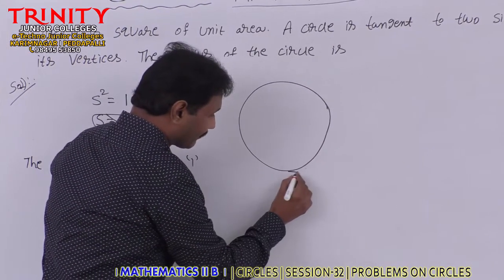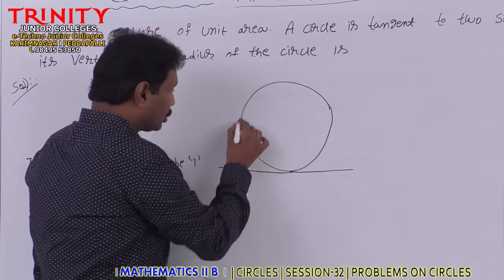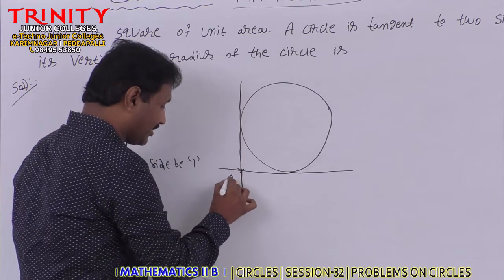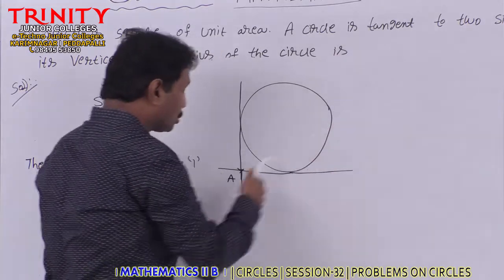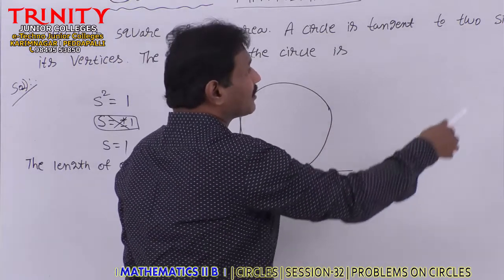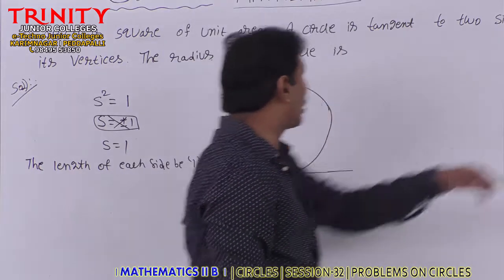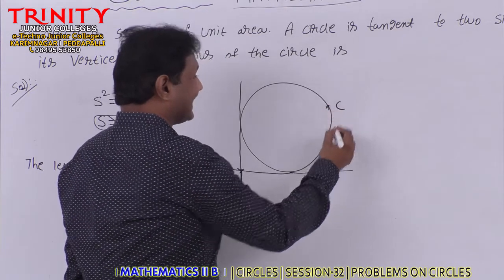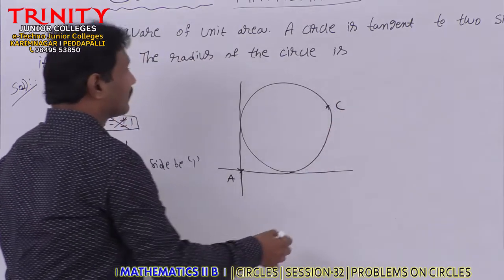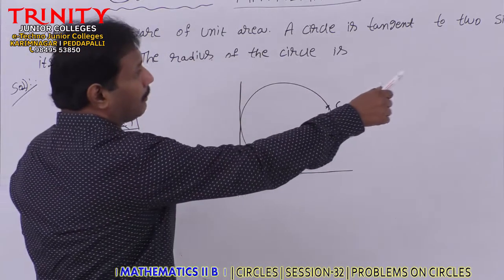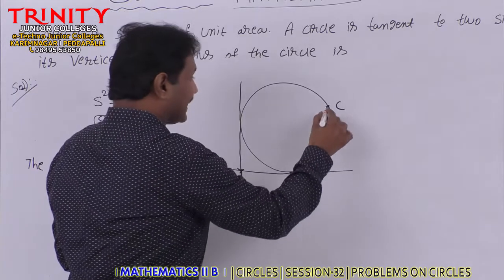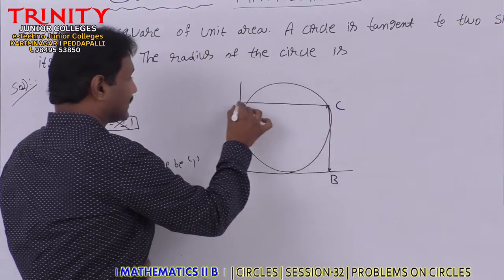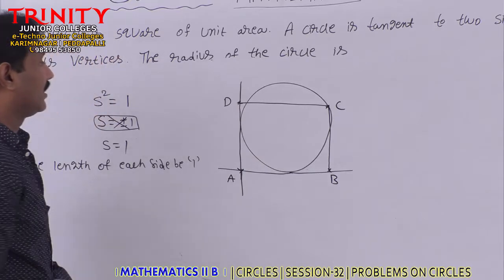This is one side, this is another side, named as point A. Only one vertex lies on the circle. That vertex is C, this is B, and this is D. This is ABCD.